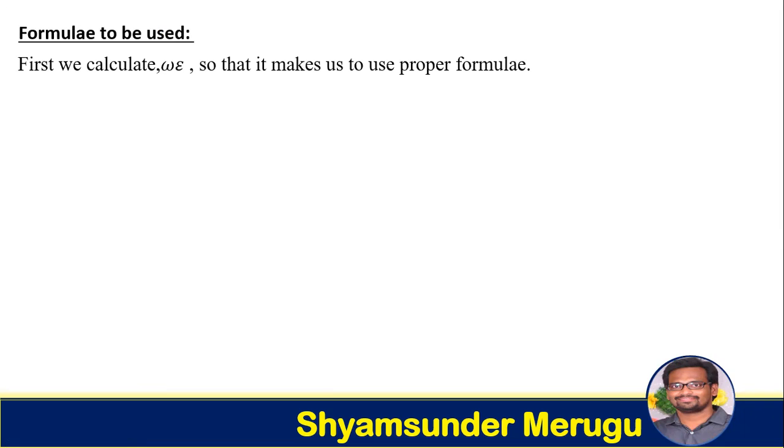Now we will look at the formulas to be used to calculate those parameter values. In order to use the appropriate formulas, first we have to calculate omega epsilon, so that we use the proper formula.